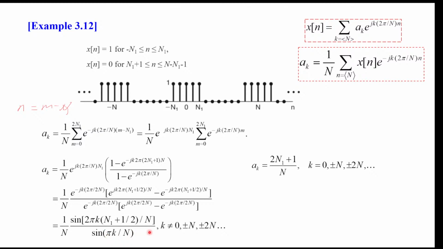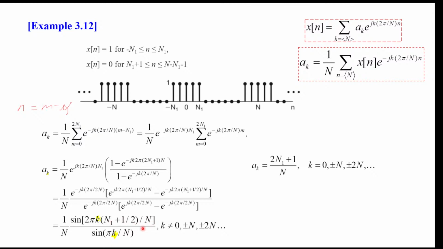Here the most important variable is k, because this is a function of k. So this is sine of something times k over sine of something times k. Both of them are sine functions of k, just with a different frequency.